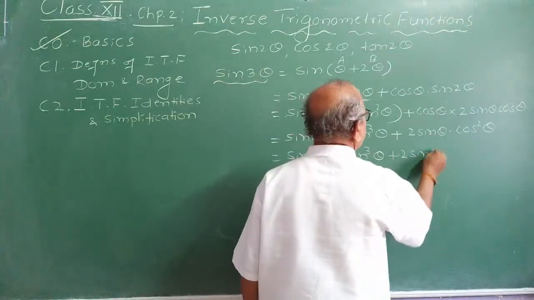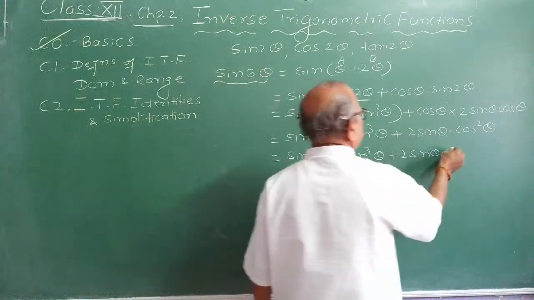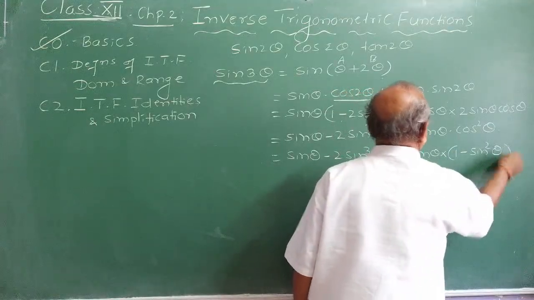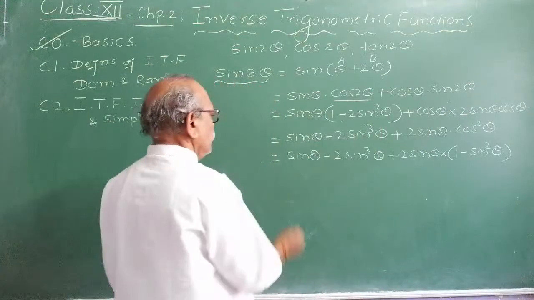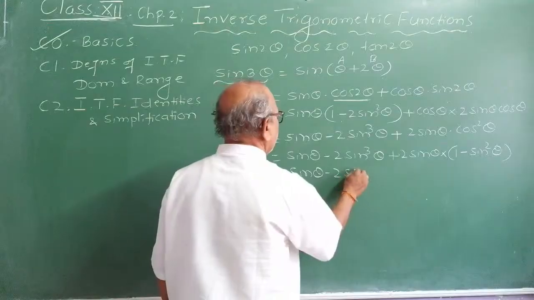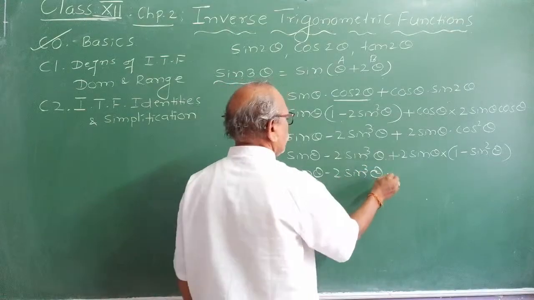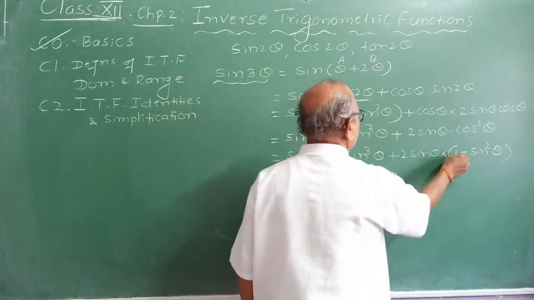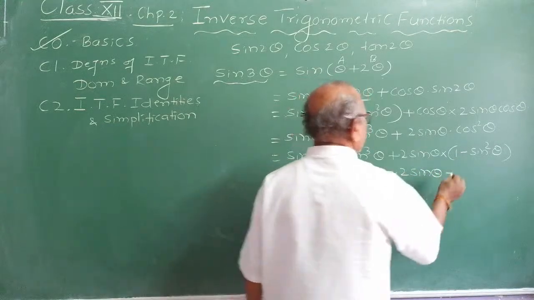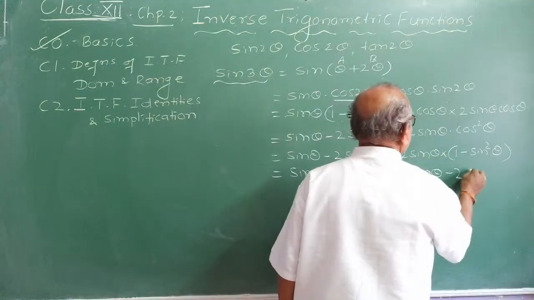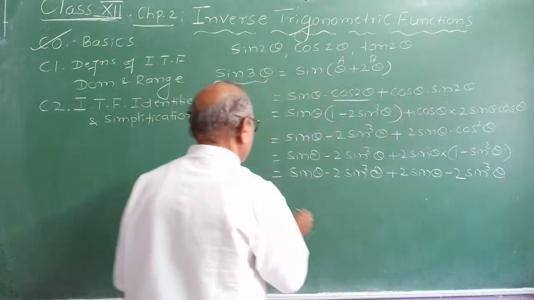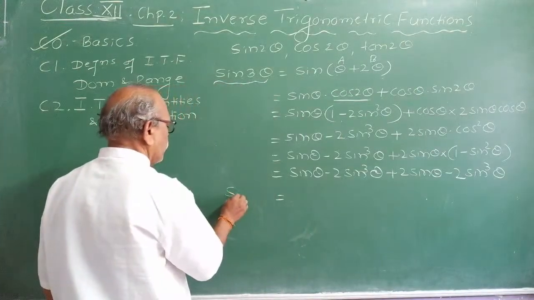Plus 2 sin theta into cos square theta, which can be written as 1 minus sin square theta. Remove the bracket. You will get sin theta minus 2 sin cube theta plus, remove the bracket, 2 sin theta into 1 is 2 sin theta, plus into minus is minus 2 sin theta into sin square theta becomes 2 sin cube theta. Now you will get the formula of sin 3 theta.